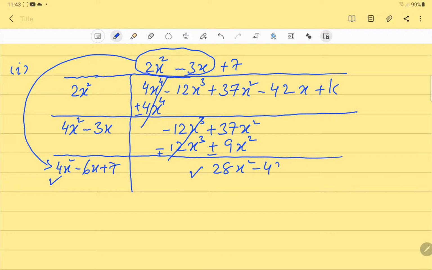And we have not yet taken down the last two terms. We have to write them down here. Now we will multiply all these three terms with this 7. So 7 multiplied by 4x squared is equal to 28x squared. 7 into minus 6x is minus 42x, and 7 into 7 is 49.